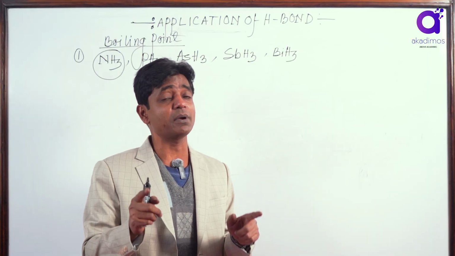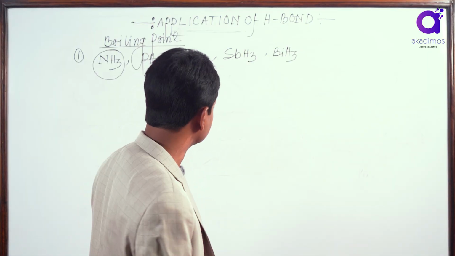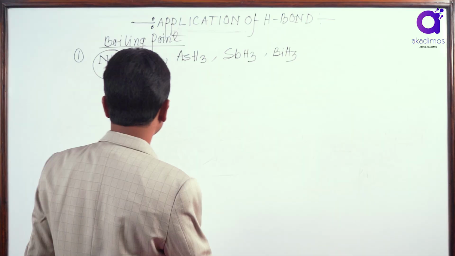That's why the boiling point of ammonia is abnormally higher. But the position of ammonia, you have to remember, is not highest. It comes in between.